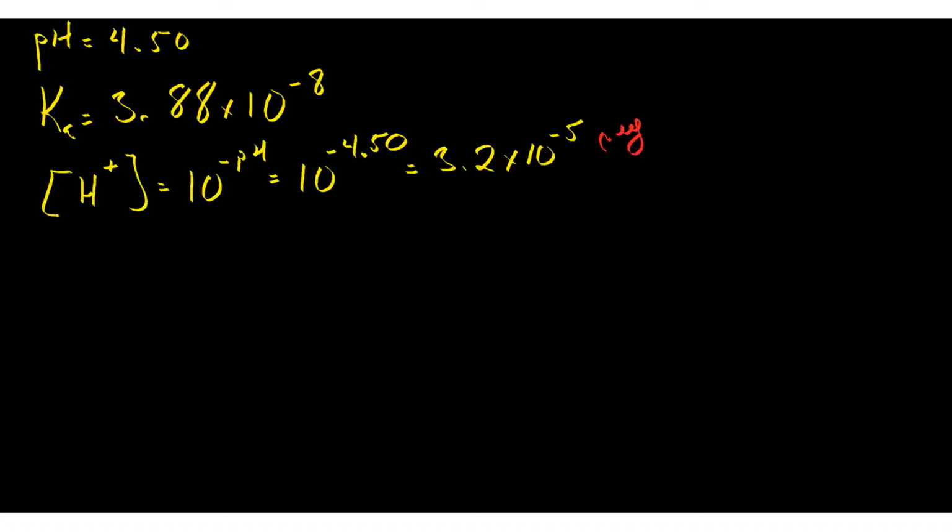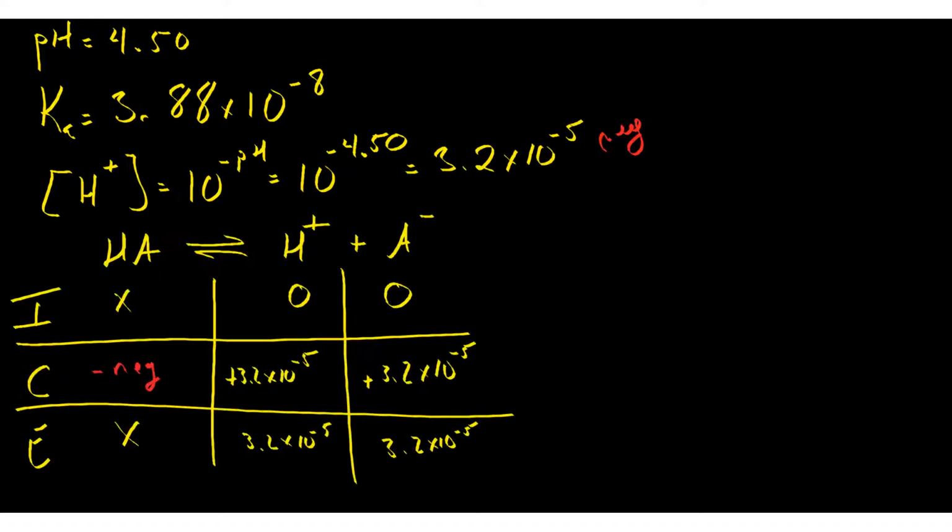So 10 to the negative 4.50 gives us a concentration of 3.2 times 10 to the negative fifth for H+, which of course is also going to be the concentration of A-. That gives us a negligible contribution from the autoionization of water, and it's going to be negligible compared to the concentration of HA. But we'll be able to double check that at the end. So we fill in our ICE table.